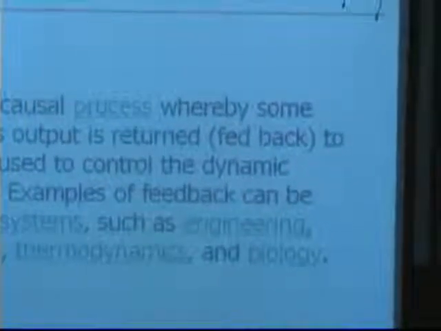Examples of feedback can be found in most complex systems in engineering, architecture, economics, and biology. We're not going to talk economics right now, although you can think about some pretty darn bad cause and effect that has happened recently. We're going to focus mostly on engineering and biology. Actually, it's a pretty interesting feedback system if you think about a simple one.